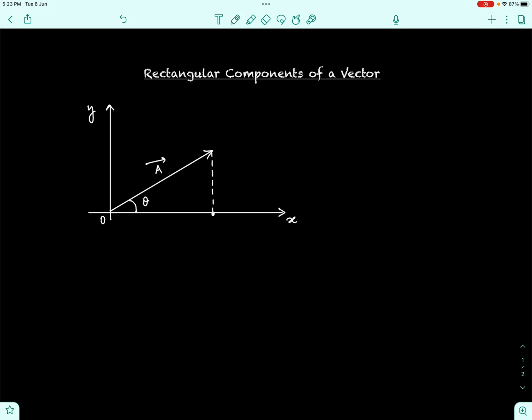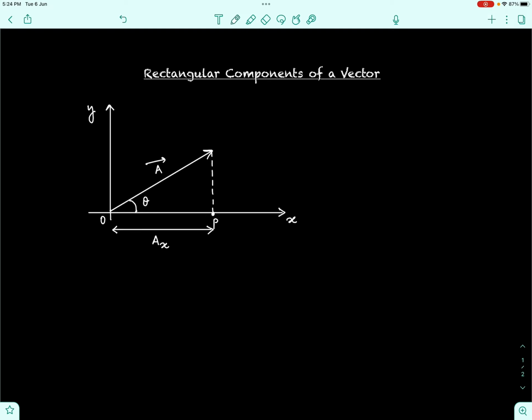If we measure this distance OP, the distance between the origin and the point P where the perpendicular dropped from the tip of vector A hits the x axis, this length is called the component of vector A along the x axis. We can write it like this, A with the subscript x.